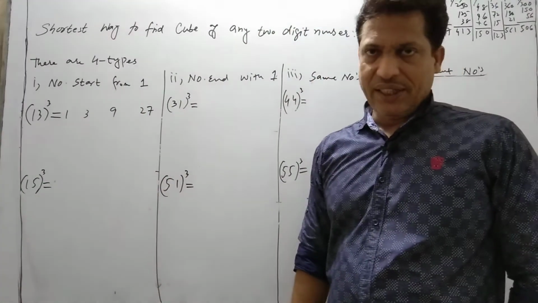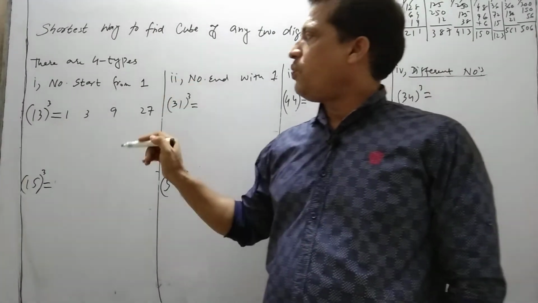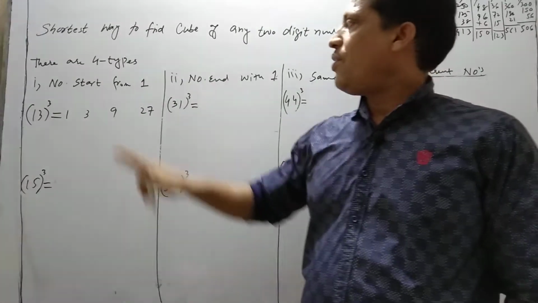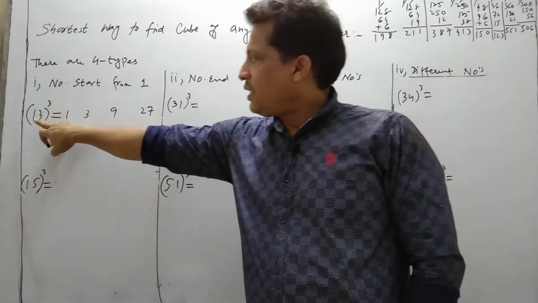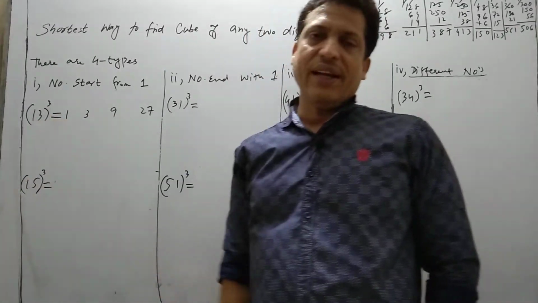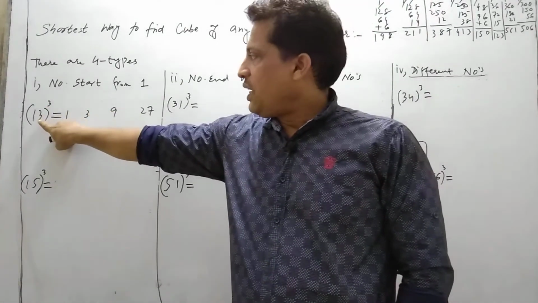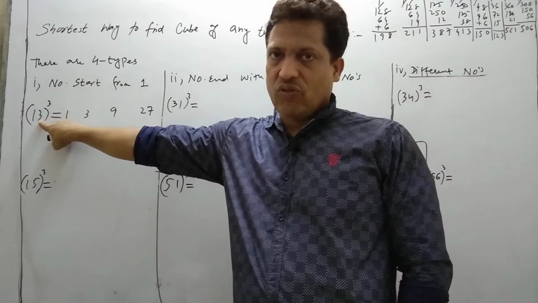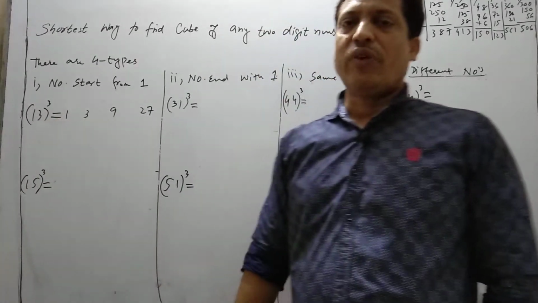I hope you understand. If we have to find the cube of a two-digit number when the first digit is 1, we write the same two-digit number as it is. For example, to find the cube of 13, write 13. Then the square of the second number, the square of 3 is 9, and the cube of the second number is 27.